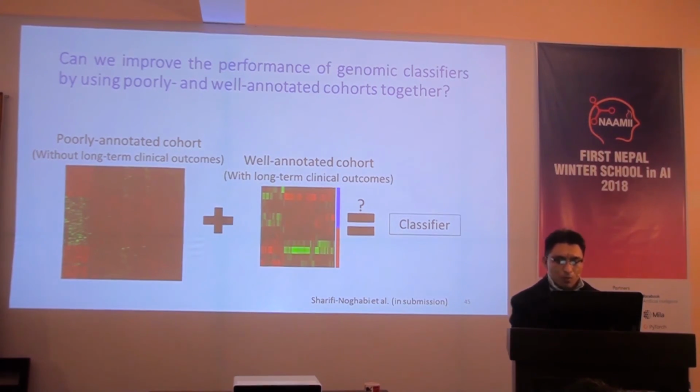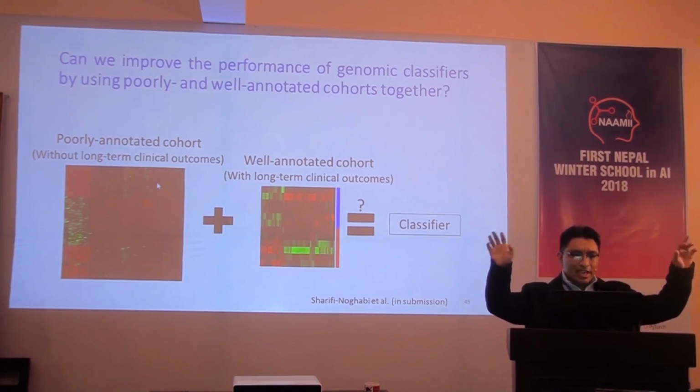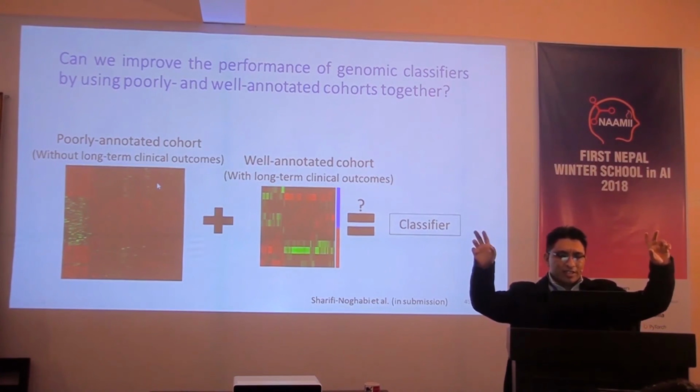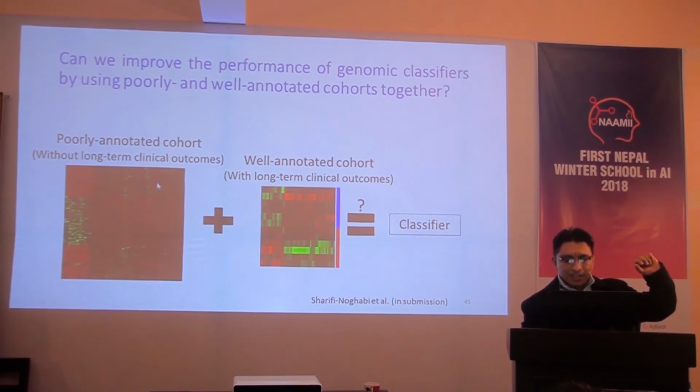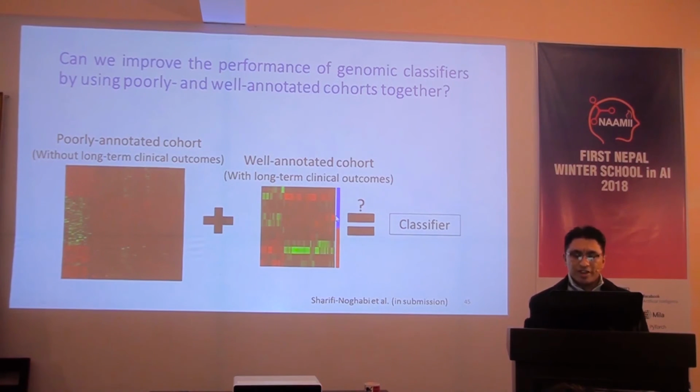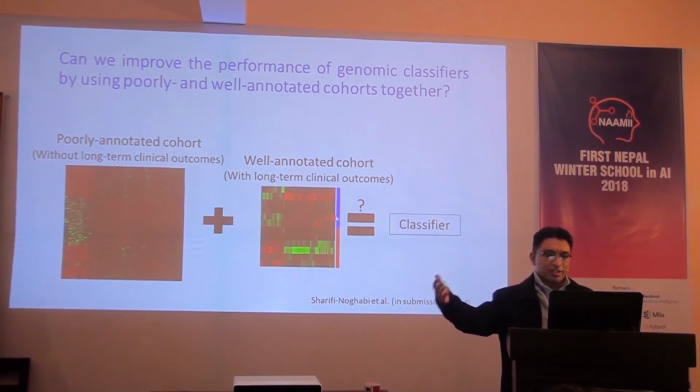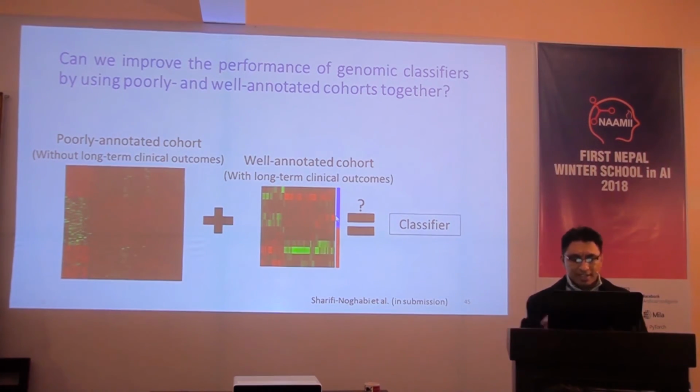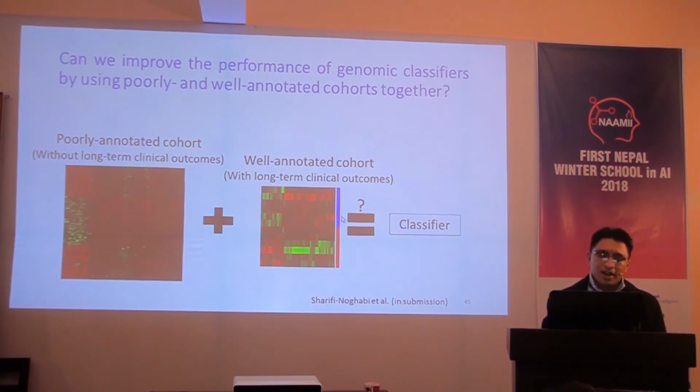These are the old data which did not have the class labels of which people had metastasis and which did not. And these are the newer data which had the information about which patients progressed to metastasis and which patients did not.